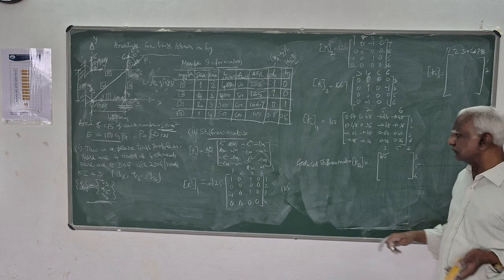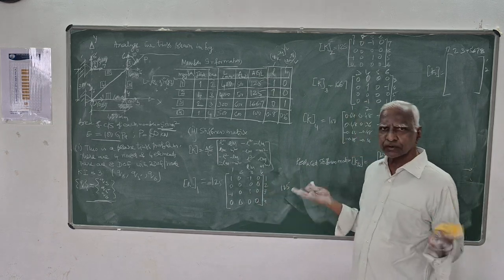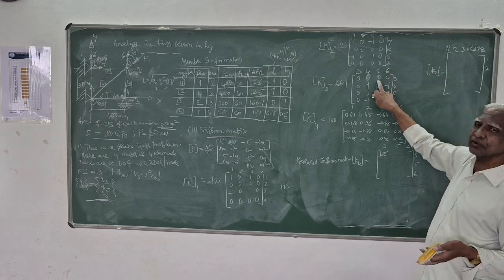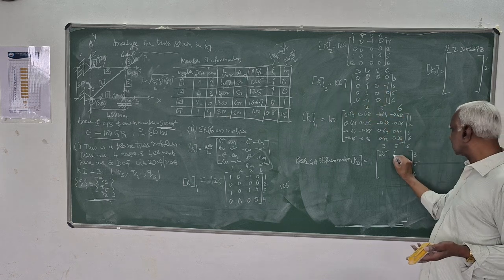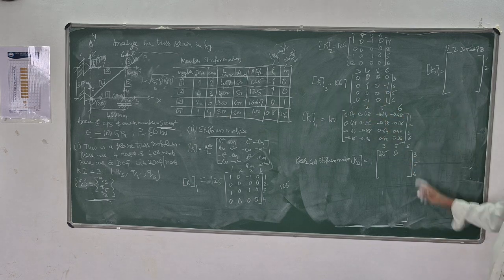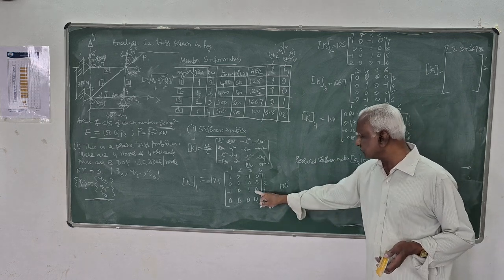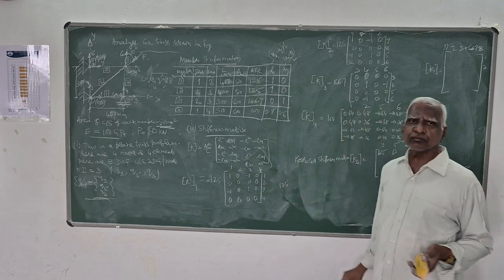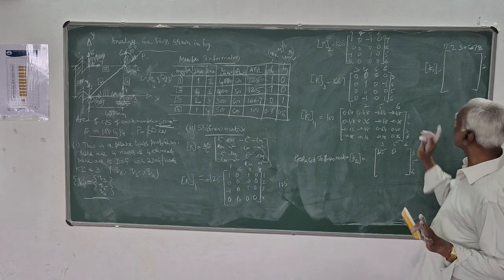Next, 3, 5. How to find 3, 5 from element 1? No, you don't have. Here 3, 5, 0. 3, 6 here is 0. Then 3, 6, here 3, 6, 0. Nothing.